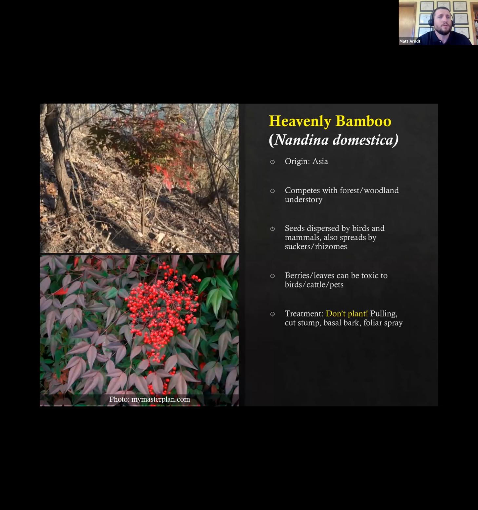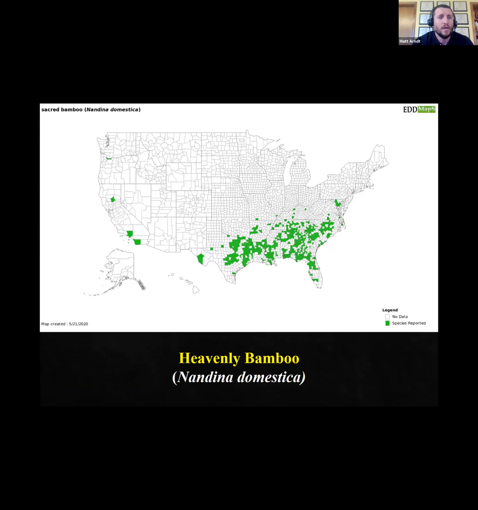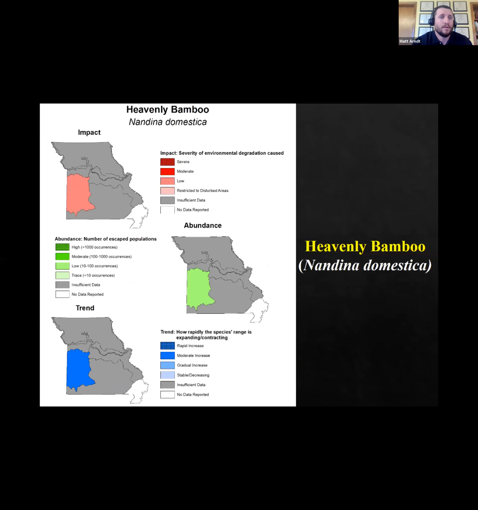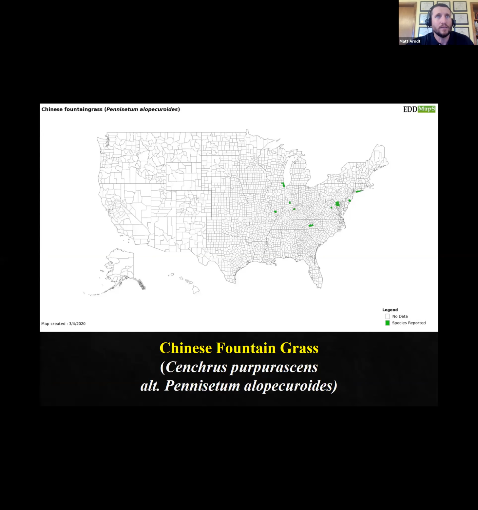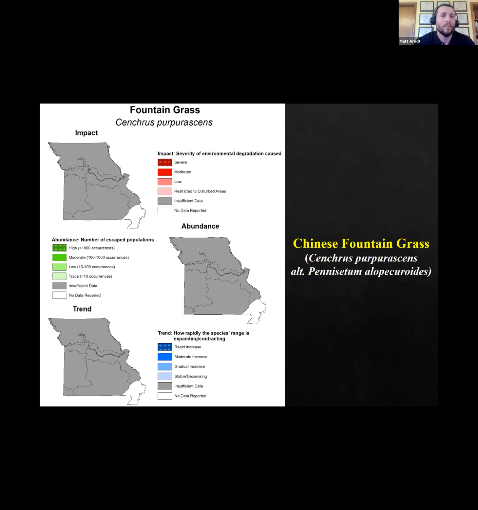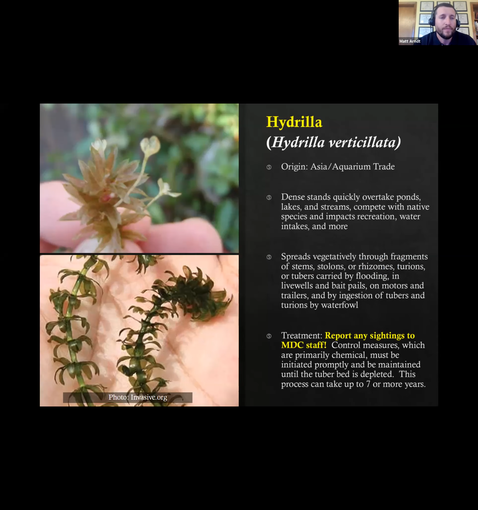But just as we move through these different species, the take home is really that for species that are not yet significantly in Missouri, knowing the distribution of those species in compatible habitats in relatively close proximity will certainly go a long way to helping inform the ones that we need to be significantly concerned about in the future.